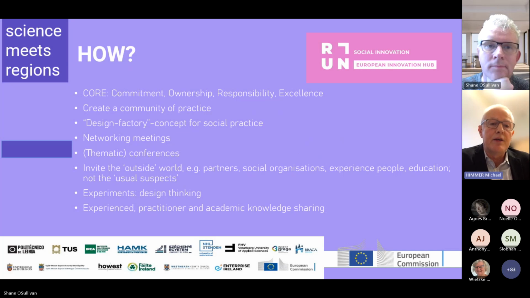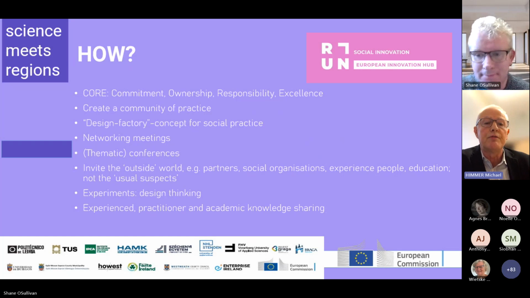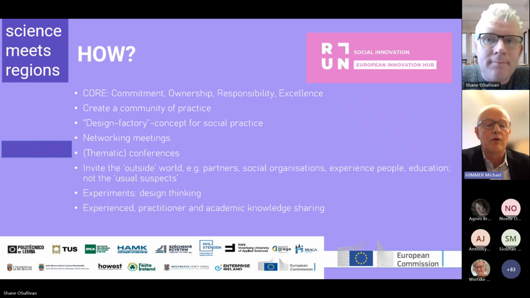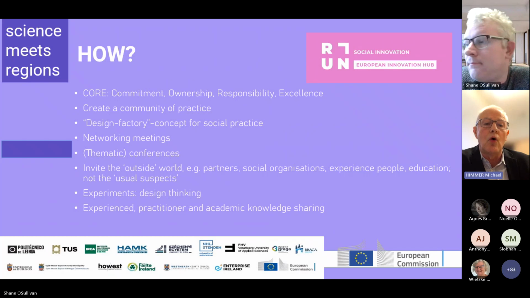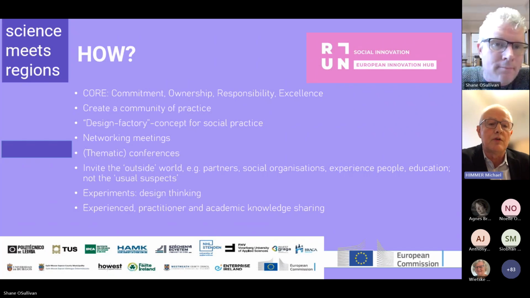How did we try to go deeper into social innovations? We used different concepts like the core concepts: commitment, ownership, responsibility, and excellence. That's the background of the core concept. I don't want to go through these headlines in detail, but you know already several of these concepts: design factory, networking meetings.